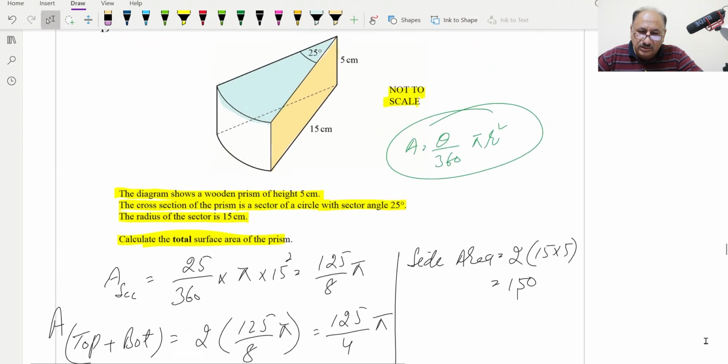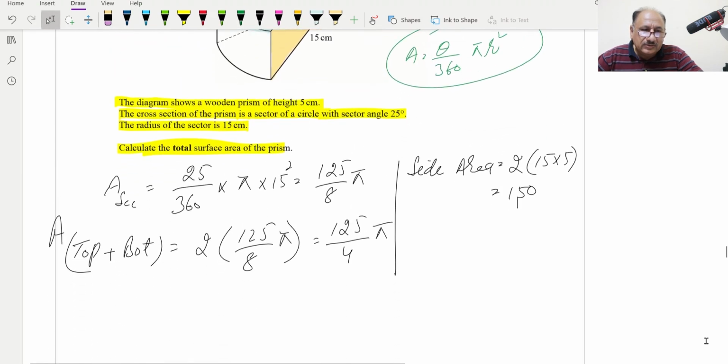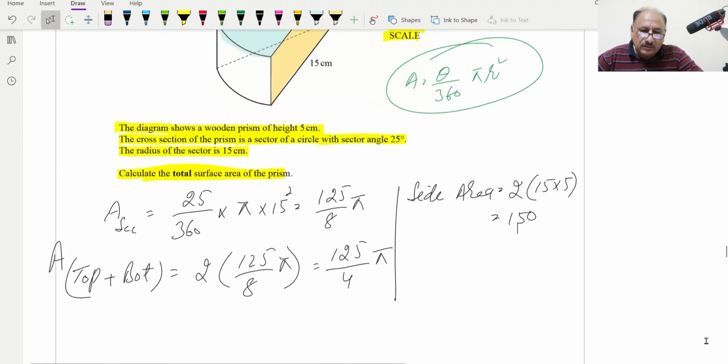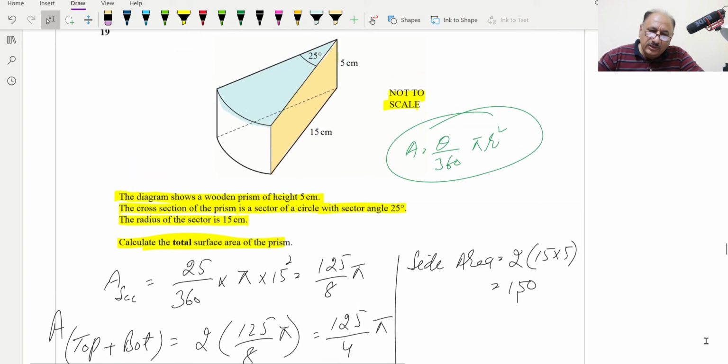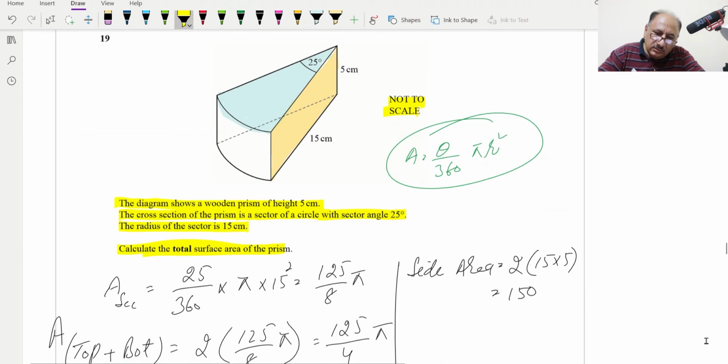Now what remains is basically this curved surface area, which we can shade like this. This curved surface area we have to calculate. For that one we will find the length of the sector.